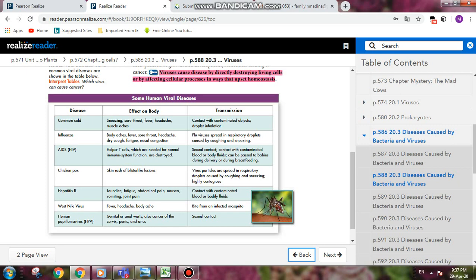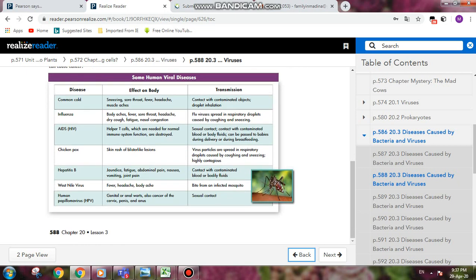So it is a life threatening disease. How is it transmitted? Either by sexual contact or contaminated blood or body fluids, like transfusion. Also, it can be passed to babies during delivery from a mother who has the disease.